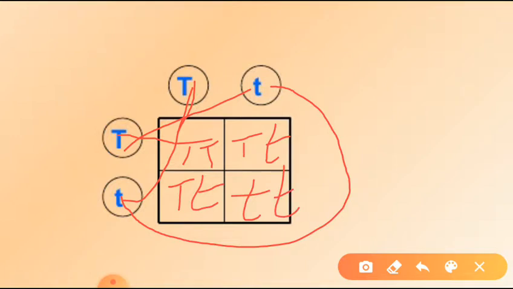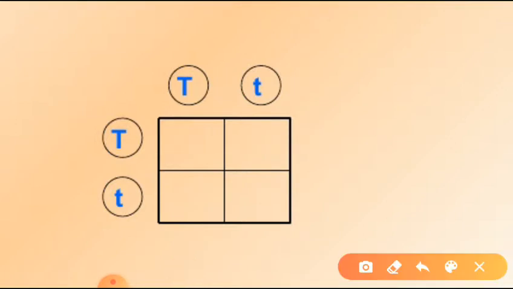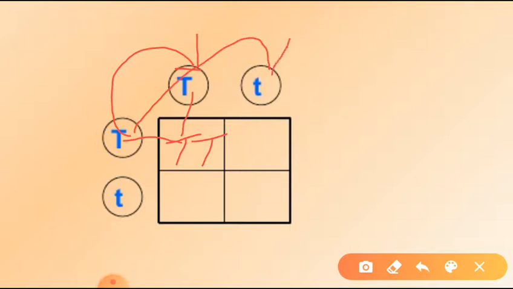Once again listen. First you have to take this capital T and cross with this capital T and write their result in this subsquare: capital T, capital T. Again take this capital T and cross with this small t and write their result in this second square. Okay, that part is over.